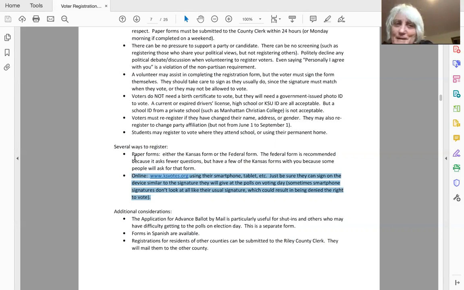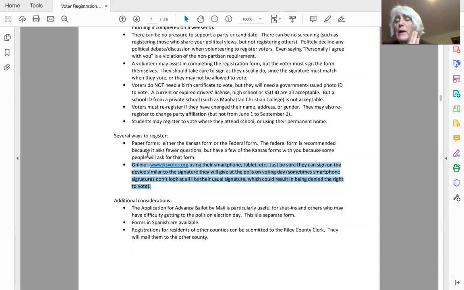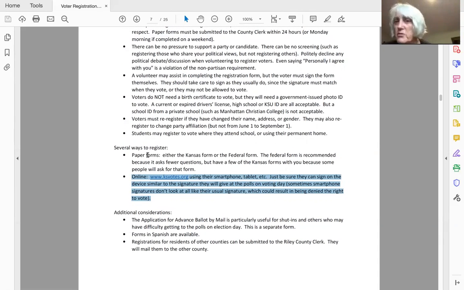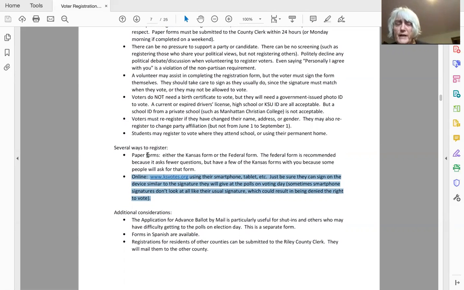They have that disclaimer on there, which I think is a leftover from the previous office holder, because as far as we can tell, people are getting feedback right away that they are registered when they use ksvotes.org. I didn't want that information not to be mentioned, but it's strange that it's still on the website that way. So that's one of the reasons we're encouraging people to use KS Votes instead of signing on with the Secretary of State's online form.